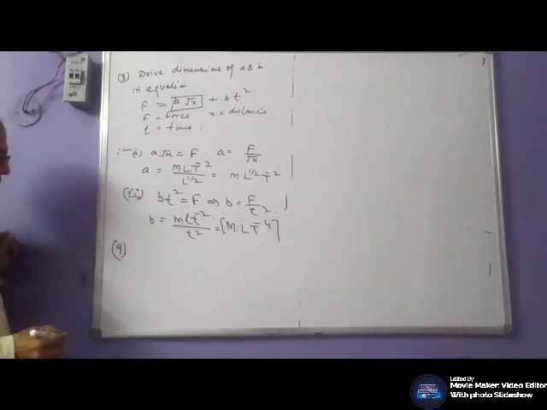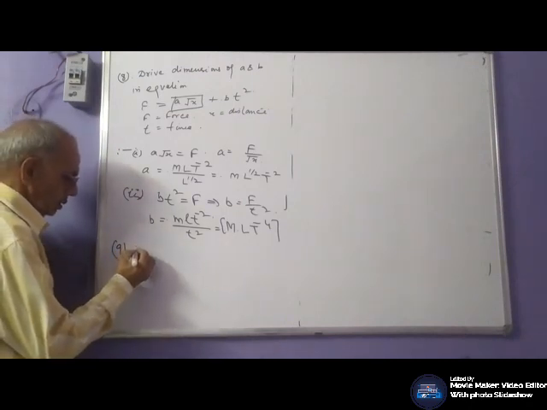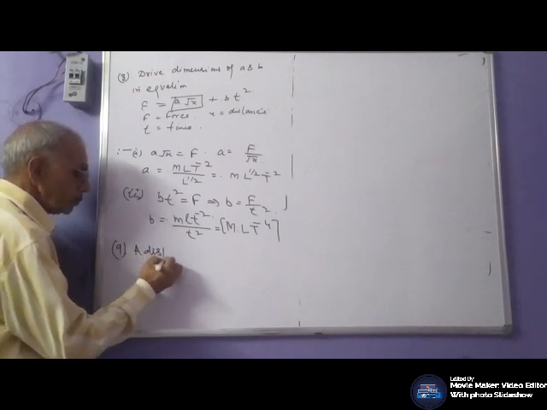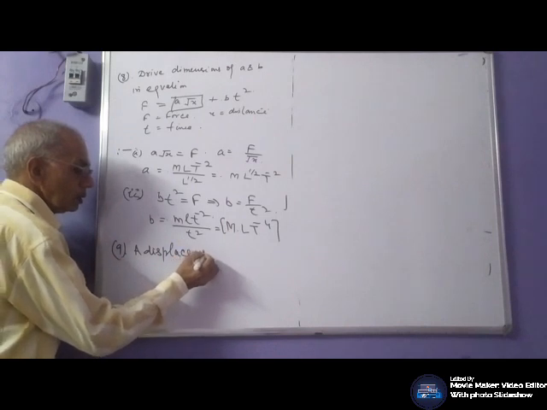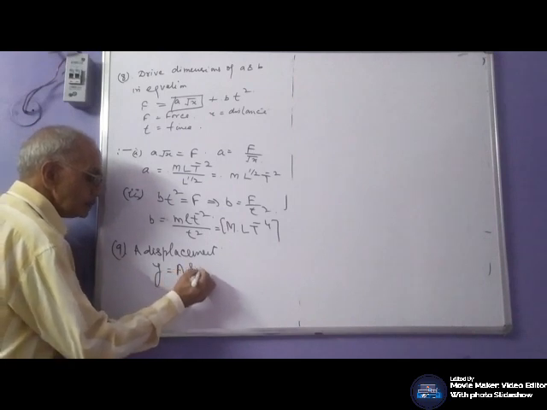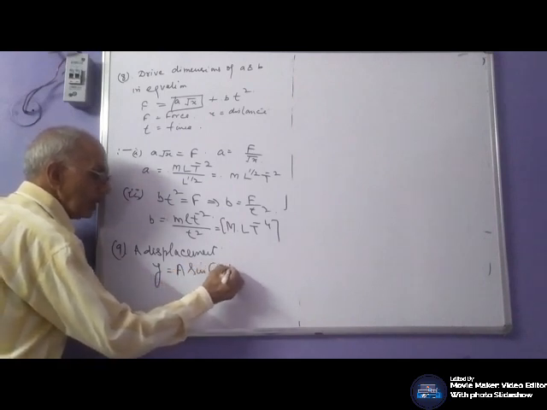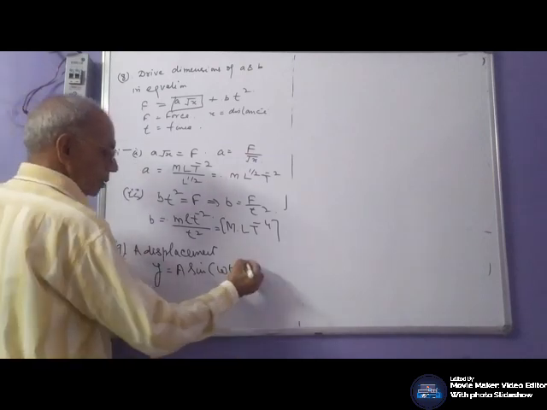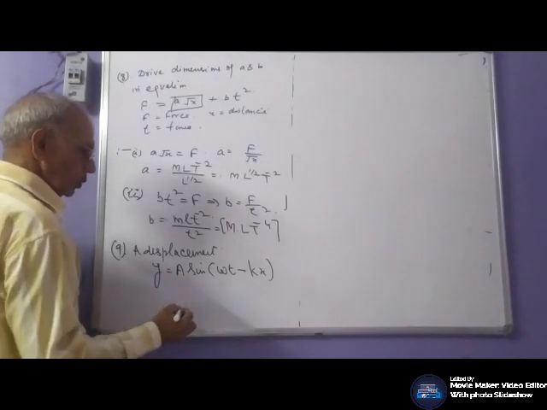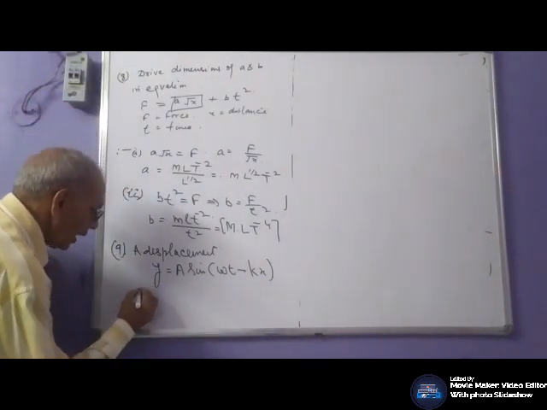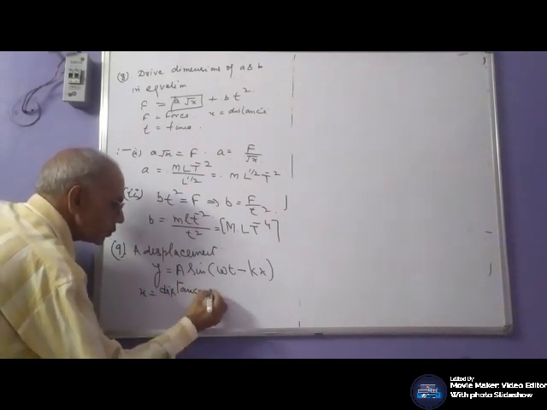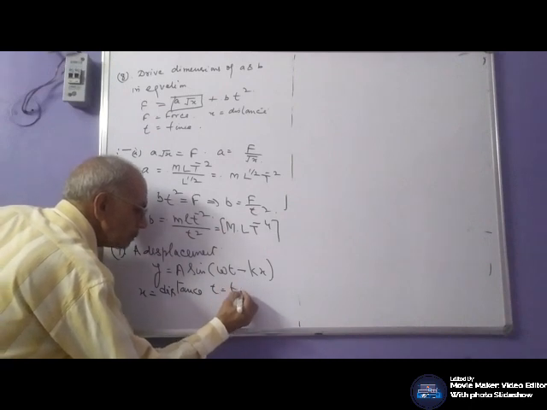Another question. A displacement y is given by this relation: y is a sine omega t minus kx, where x is distance and t is time.